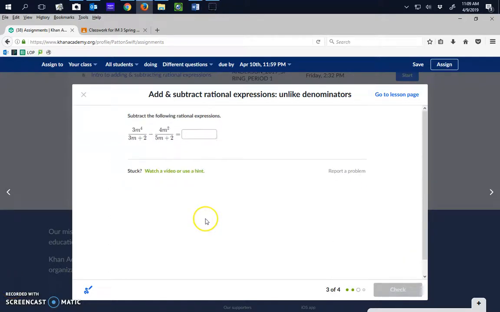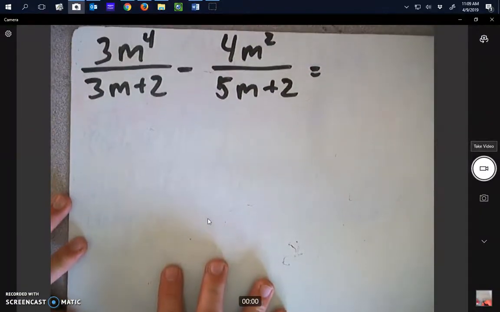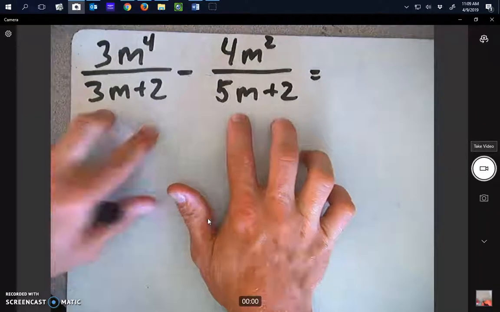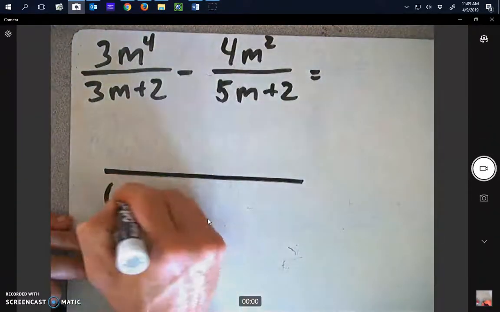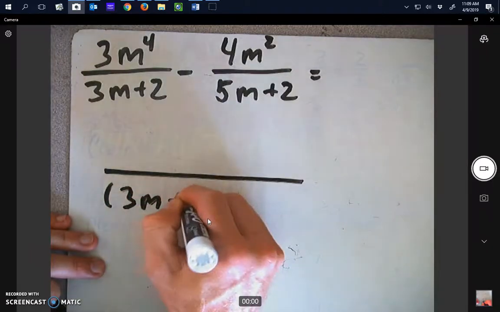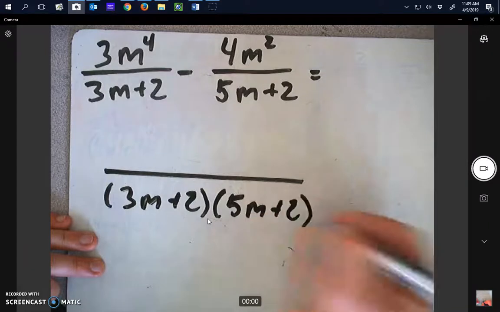Here's the next question. I have it written down already. It's a subtraction problem. All right, here we go. So, like the last two, we're going to multiply these two together to get a new denominator. So let's create that first. So 3m plus 2 times 5m plus 2.